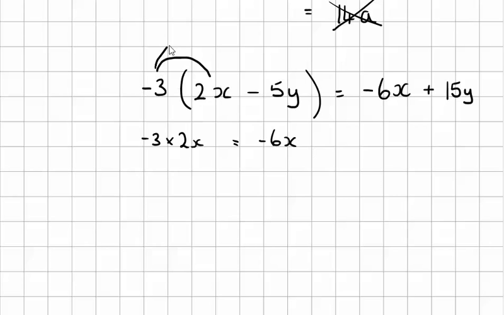And then the negative 3 times negative 5y makes a positive 15y. So that's why we've got that. Understood. Good.